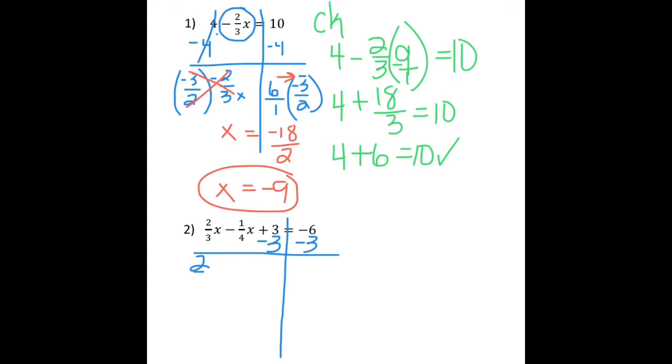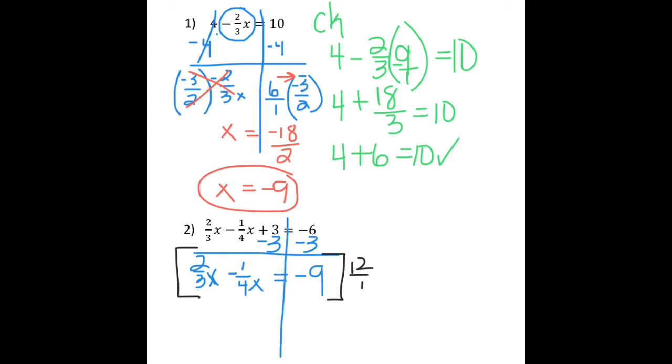So now I have 2/3 x minus 1/4 x equals negative 9. So here I can do something very interesting. I can get rid of the fractions. Remember, we learned that we could get rid of the fractions if we multiplied every single term by a common denominator. Common denominator would be 12 over 1.